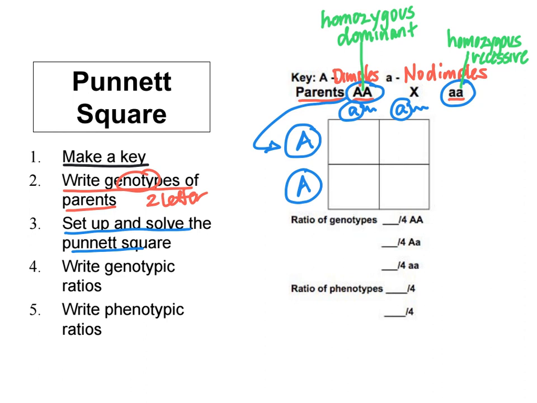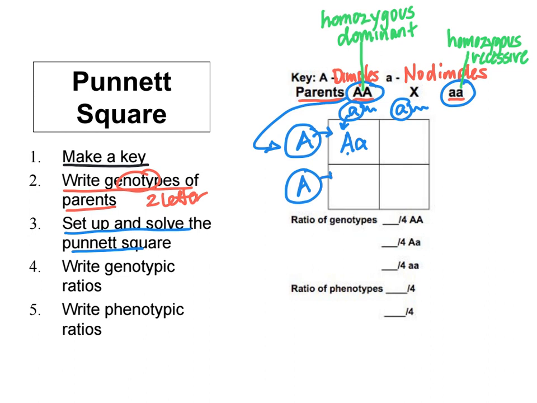So now I'm going to solve the Punnett square. If this egg were to meet this sperm during fertilization, then the combination in the zygote is going to be big A, little a. Now we usually put the big letter first because the big letter is dominant, and it is generally going to show us what the phenotype is going to be.